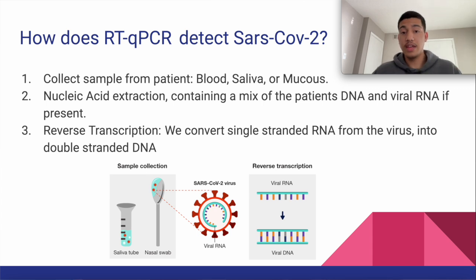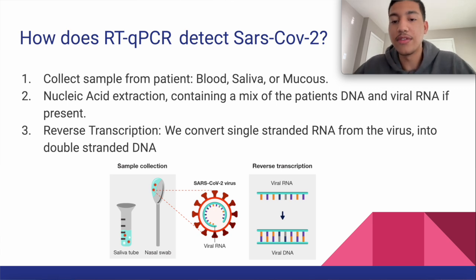So after that, we would then perform reverse transcription, which is when we convert our single-stranded viral RNA into a double-stranded viral DNA. So the reason it's called reverse transcription is because usually DNA is turned into RNA, but in our case, we're reverting or going in the reverse order by making RNA into DNA, as you can see here in the graphic below.